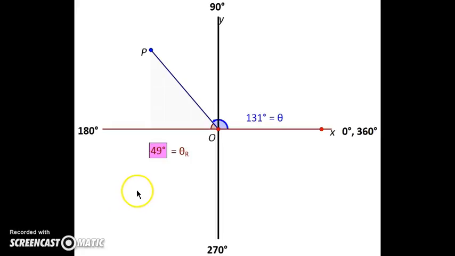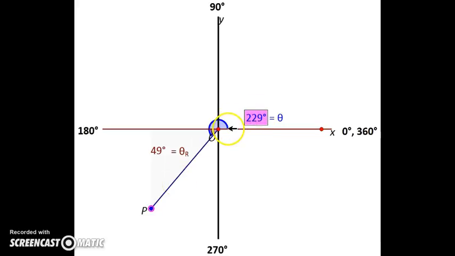Continuing into quadrant 3, I want a 49 degree reference again. So I'm going to rotate point P, that initial arm, until we get a 49 degree reference. Notice that we now have a standard position angle that rotates fully to 229 degrees. The closest benchmark angle on the x-axis to our terminal arm is again on the negative part of the x-axis, the 180 degree line.